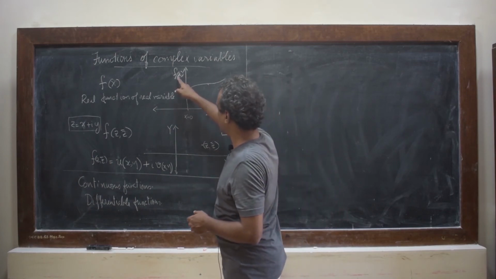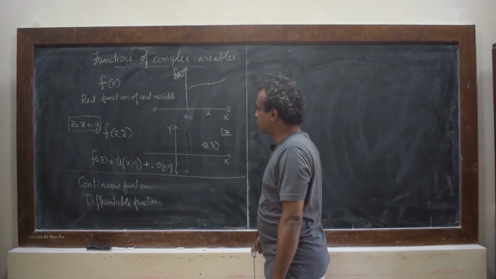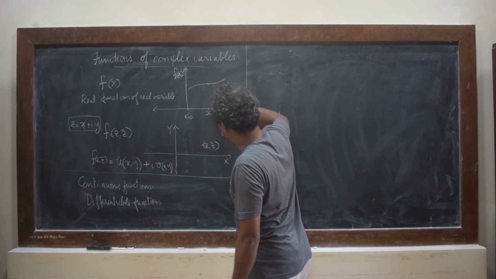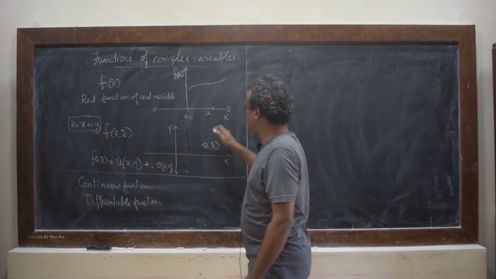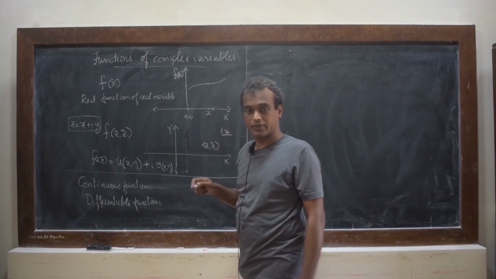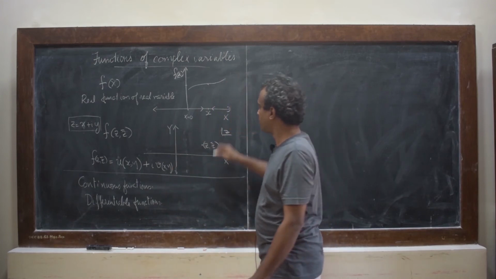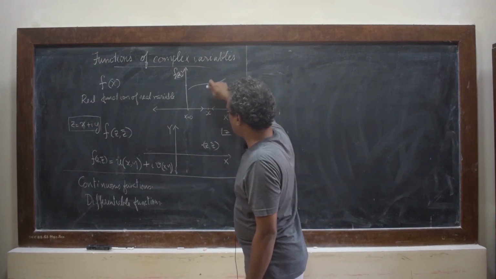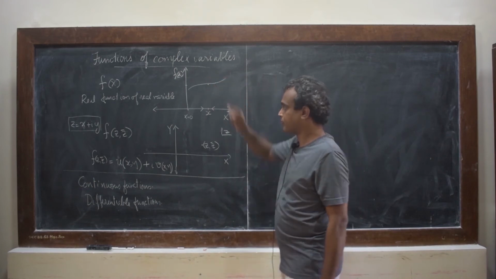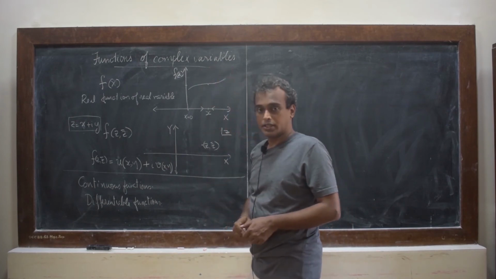If a function f of x is continuous at a point, let us say x, it means that while you approach the point x from two different possible directions, that is from the positive side of the x axis or the negative side of the x axis, the value of the function f of x must remain the same. If that is so, then we call that function continuous.